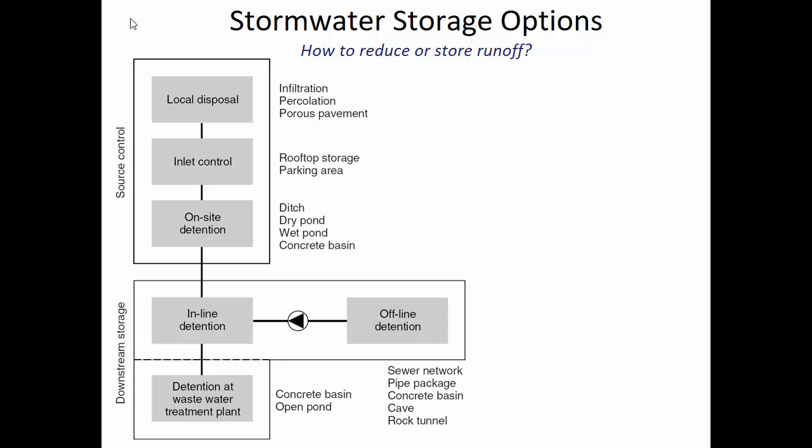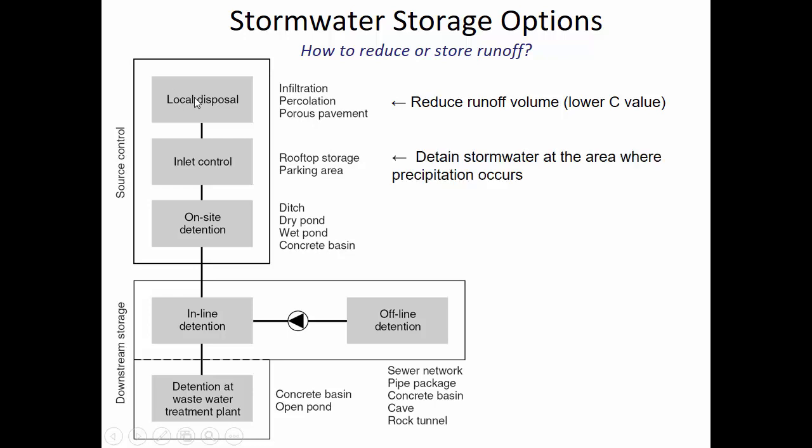If you can improve the infiltration capacity of some area so that the water gets down into the soil, then you're going to save a lot of money and a lot of potential for damage downstream when there is wet weather. And so local disposal options are things that try and increase the capacity of the water to get into the soil rather than running off. So you're trying to lower the C value in order to reduce the runoff volume in local disposal.